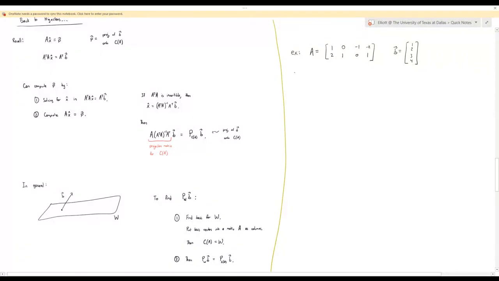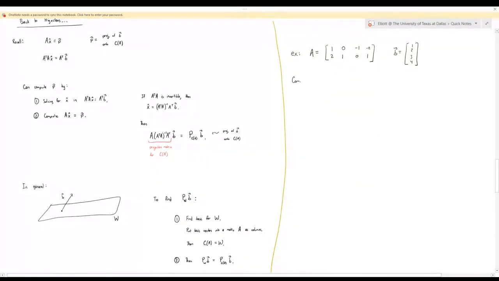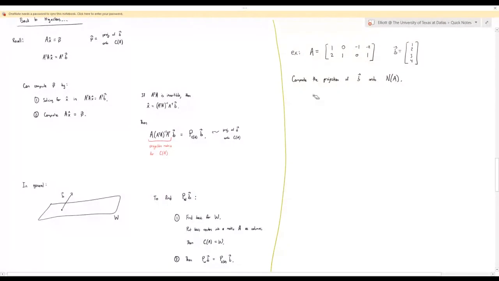And in this example, what I want to do is find the projection of this vector B onto the null space of this matrix A. Okay.